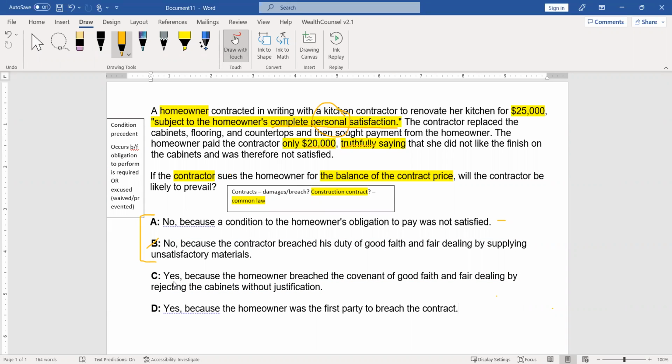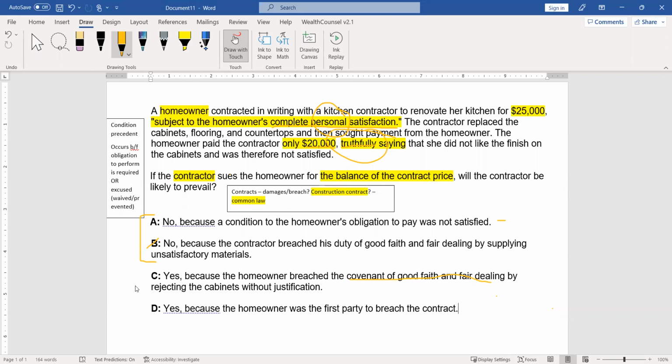The answer choice C, yes, because the homeowner breached the covenant of good faith and fair dealing by rejecting the cabinets without justification. Well, that goes against this truthfully fact that's given to you, because she is rejecting it out of good faith.